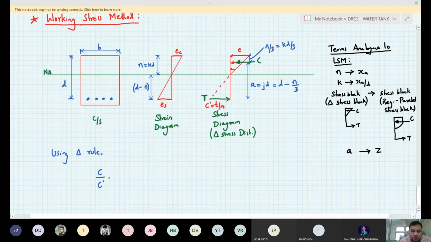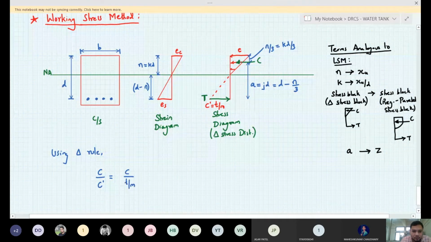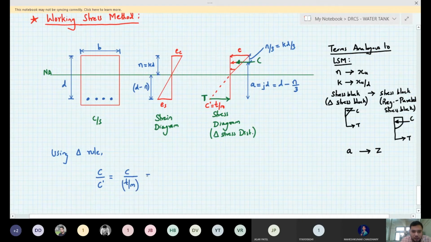So C by C dash is equal to C by T by M, where T is the corresponding tensile stress in steel. This is proportional to N upon D minus N.